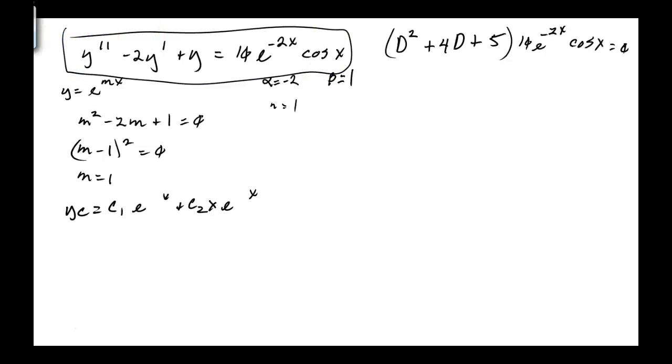Okay. Now, these are all going to be operating on y. So that gives you, and it doesn't matter which, they usually start with this, d squared plus 4d plus 5, that operator with n equal 1, times your operator that you had here, that's d squared minus 2d plus 1.